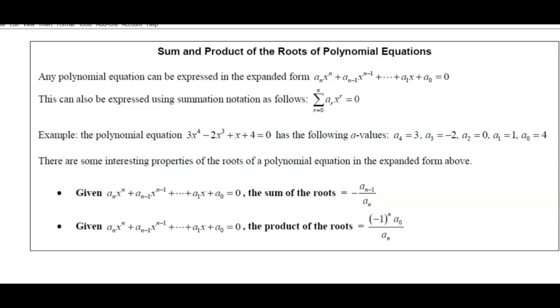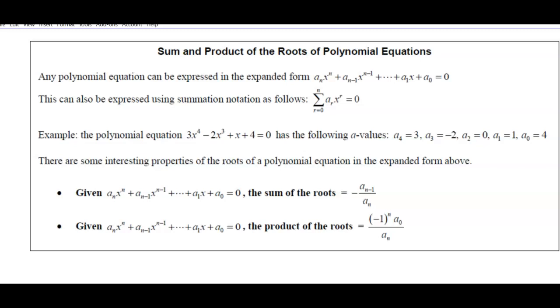Summation notation, so you talked about that in Math 20. Notice how starting at r equals 0, so A0 times x to the 0. Well, x to the 0 is 1, so that's A0 there. Then r equals 1, so A sub 1, x to the 1. So that would be that term, and so on. So here's an example. That polynomial equation has the following A values.